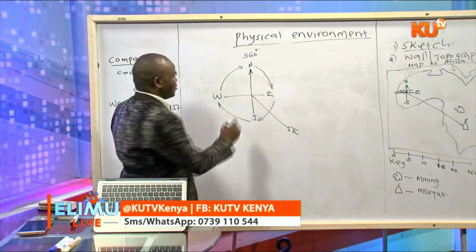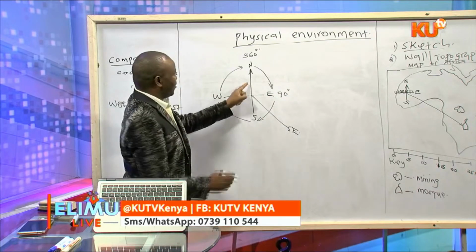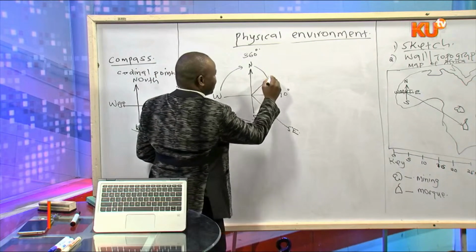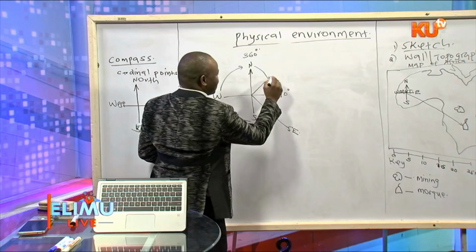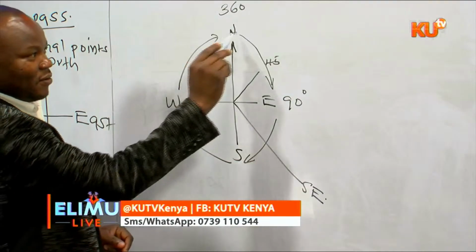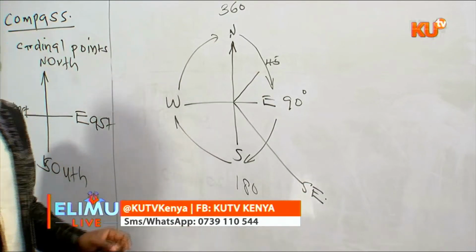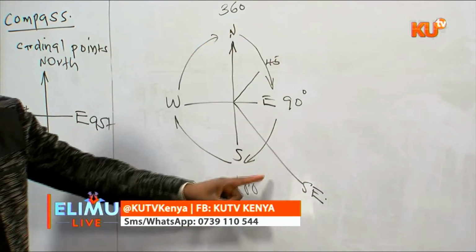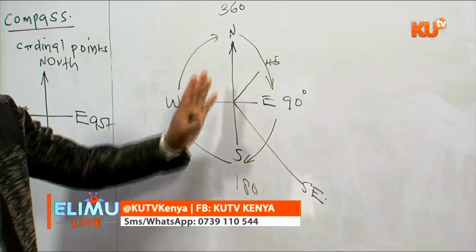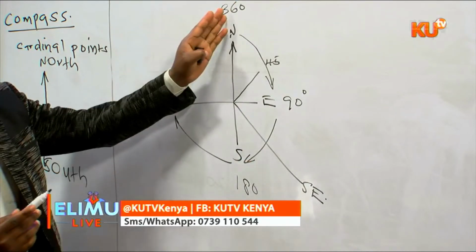We assume that this one is at 90 degrees. Then this one is half, that is 45. When you cover from here up to here, it is going to cover 180. So when you rotate all the way, this one is 180, this is 180. When you add them together, it gives you a total of 360.